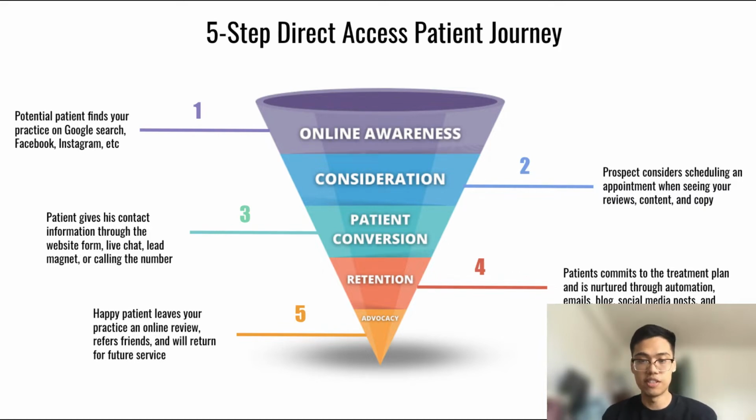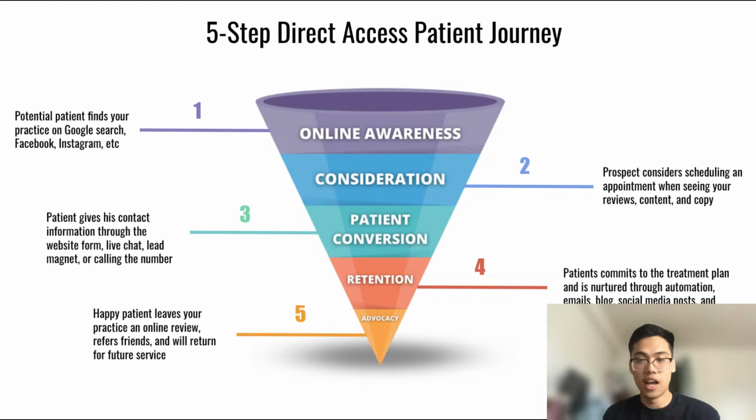In this consideration phase, we're going to have to build trust and credibility and position your practice and yourself as the expert in being able to help that prospect achieve their goals, right? So with this, we're going to talk about the content, having reviews, and the copywriting on your website.